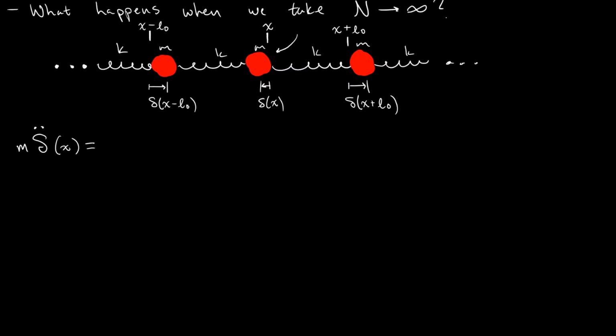And so by the same logic as before, we can find that this is going to be delta x minus delta x minus L naught.